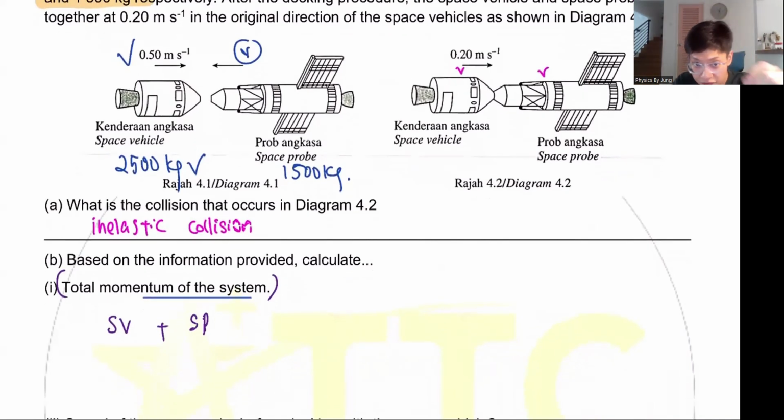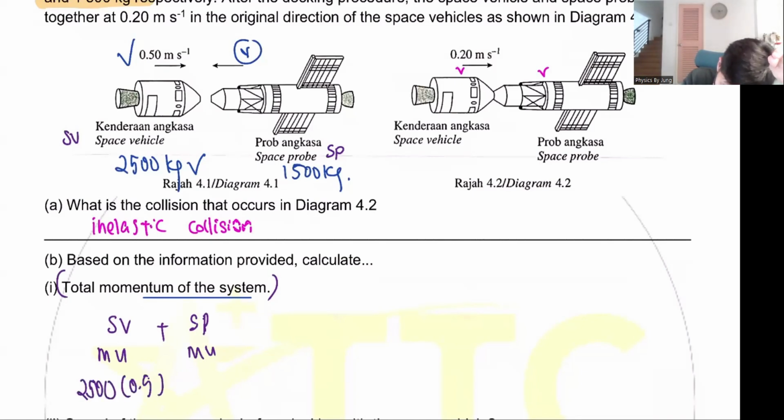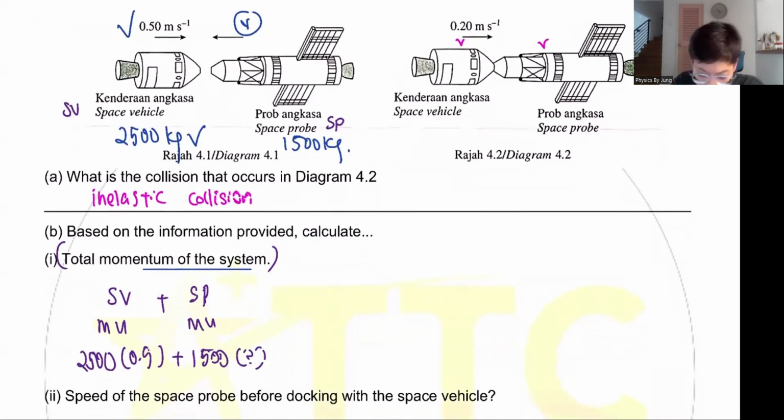If I take mass times velocity, this is 2,500 kg times 0.5, plus 1,500 kg, but my velocity is unknown. I don't know that velocity. So how to find the total momentum of the system? Anybody can help me with this?